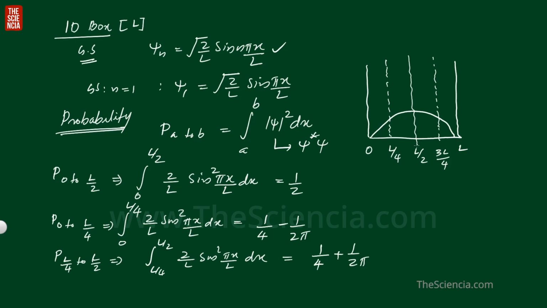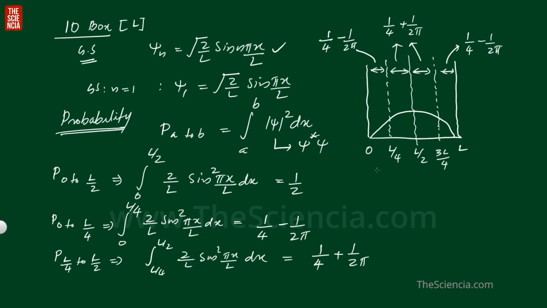Then the probability of finding the particle in this region will be equal to 1 by 4 minus 1 by 2 pi. And the probability of finding the particle in this region will be equal to 1 by 4 plus 1 by 2 pi. And you know, for this region the probability will be the same as this one, that is 1 by 4 minus 1 by 2 pi.